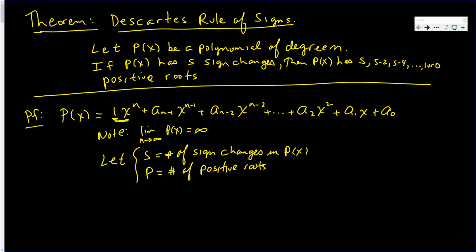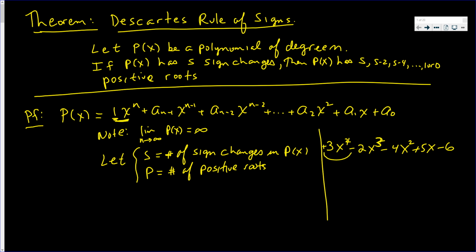Now, just so you know what I'm talking about when I say the number of sign changes, let's take x to the sixth, plus x to the fourth, minus 2x to the fifth, minus 2x cubed, minus 4x squared, plus 5x minus 6. The first term is understood to be positive.